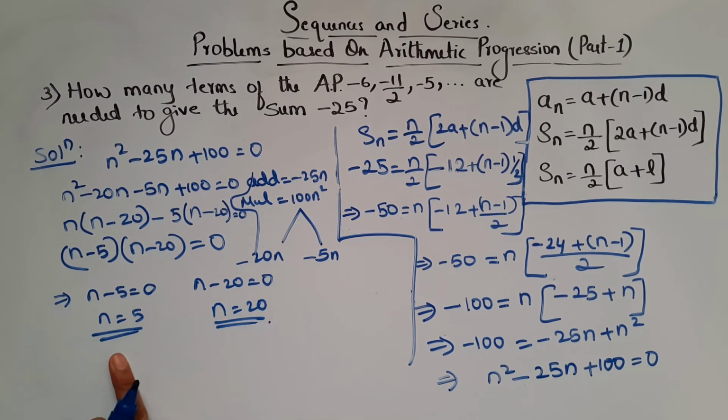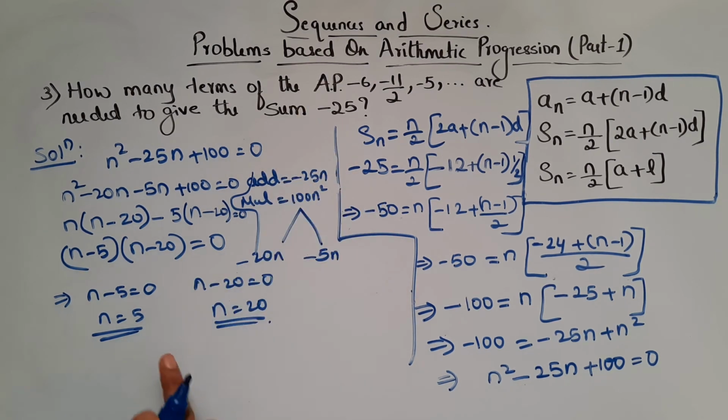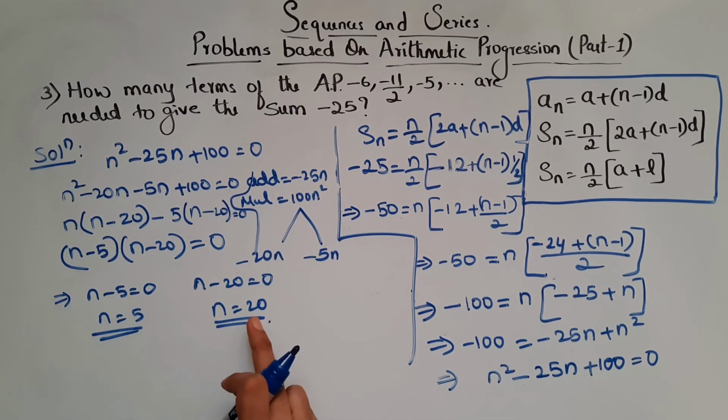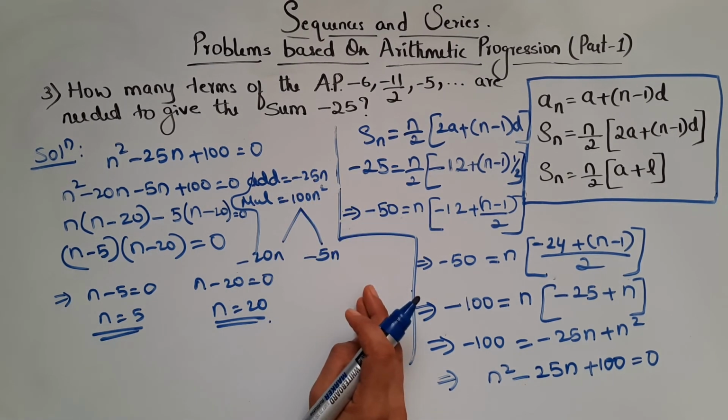So what does this mean? n is equal to 5 means 5 terms. So the sum of 5 terms will give you minus 25, and also the sum of 20 terms will also give you minus 25. So now you may ask whether this is possible.